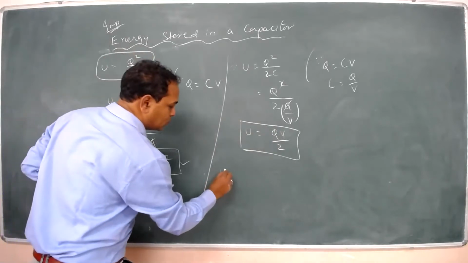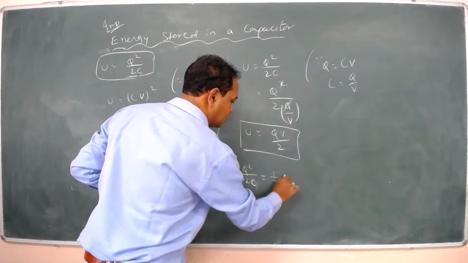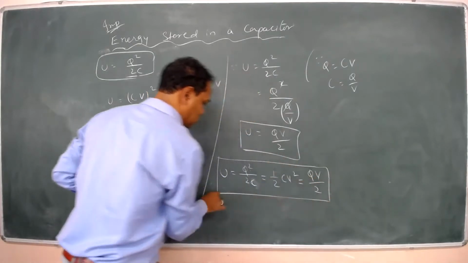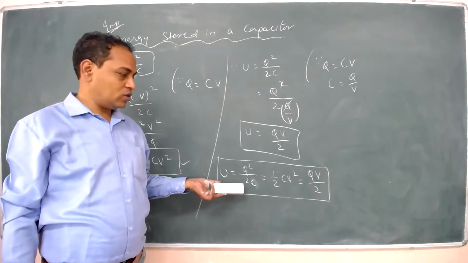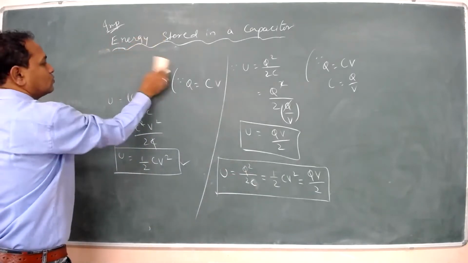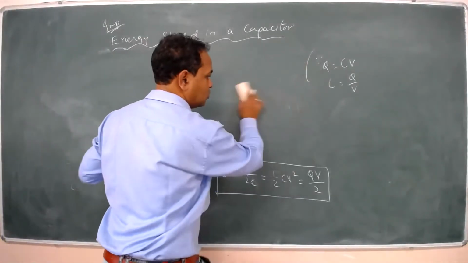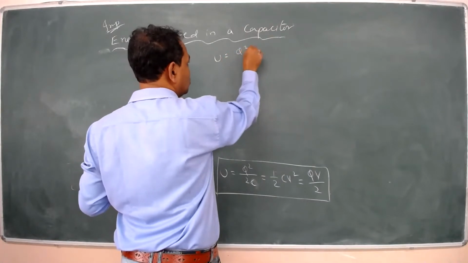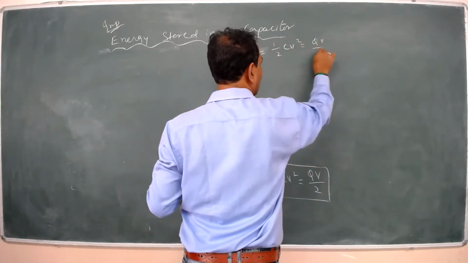Therefore, I can write U is equal to Q square by 2C, which is equal to half CV square, which is equal to QV by 2. This is called the energy of the capacitor. There are three formulas in different parameters. We know this formula.